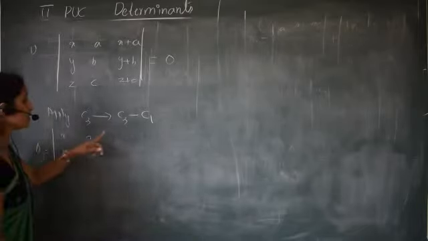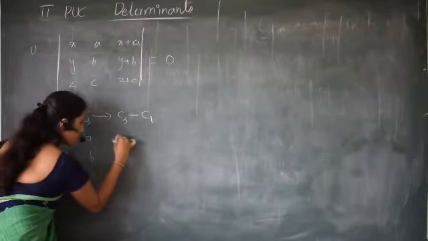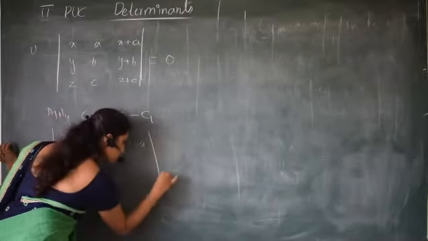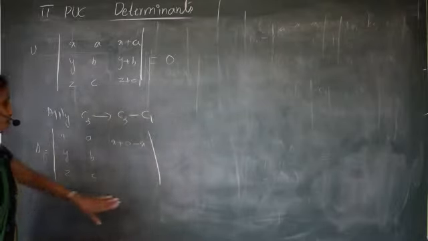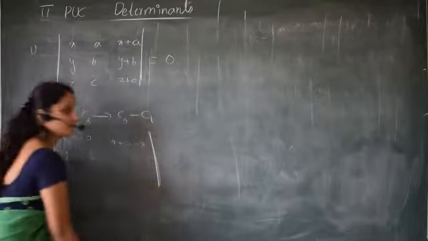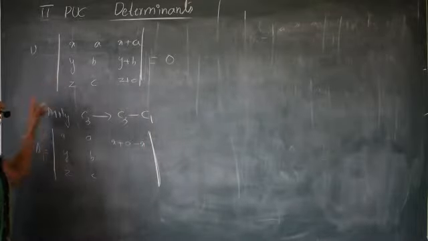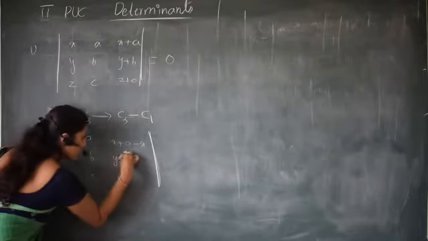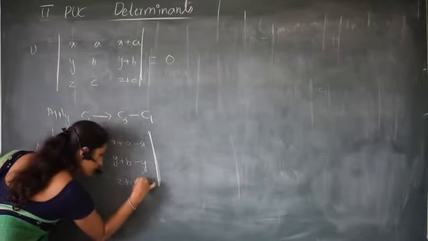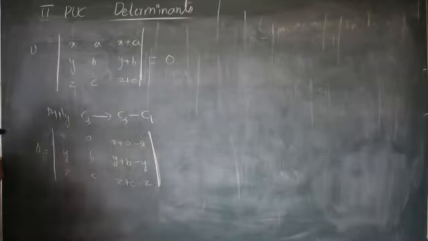How does it change? C3 changes to C3 minus C1. So X plus A minus X, then Y plus B minus Y, Z plus C minus Z.